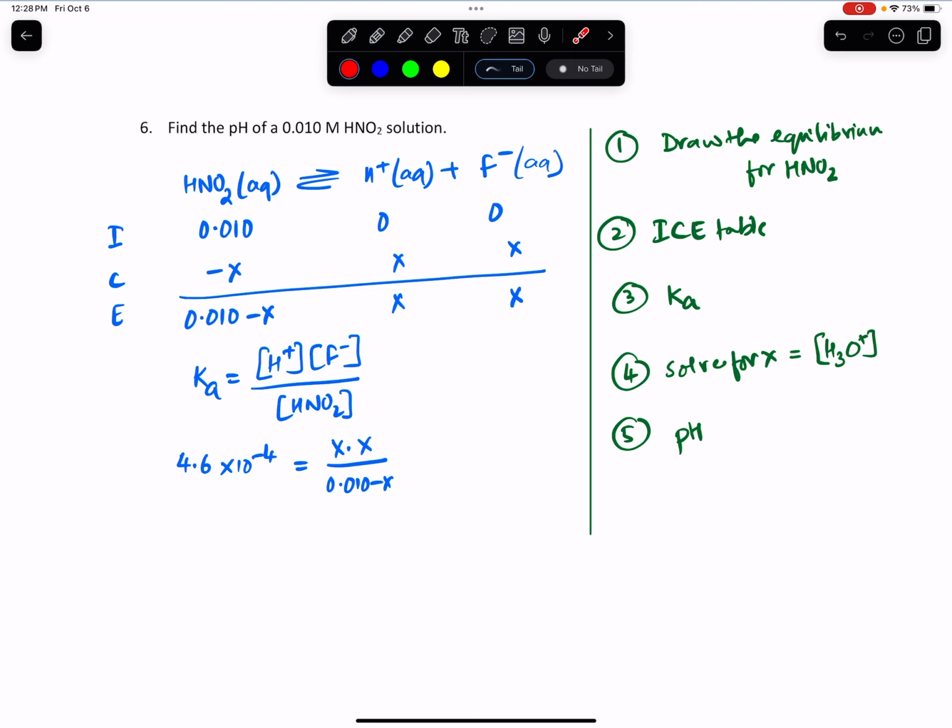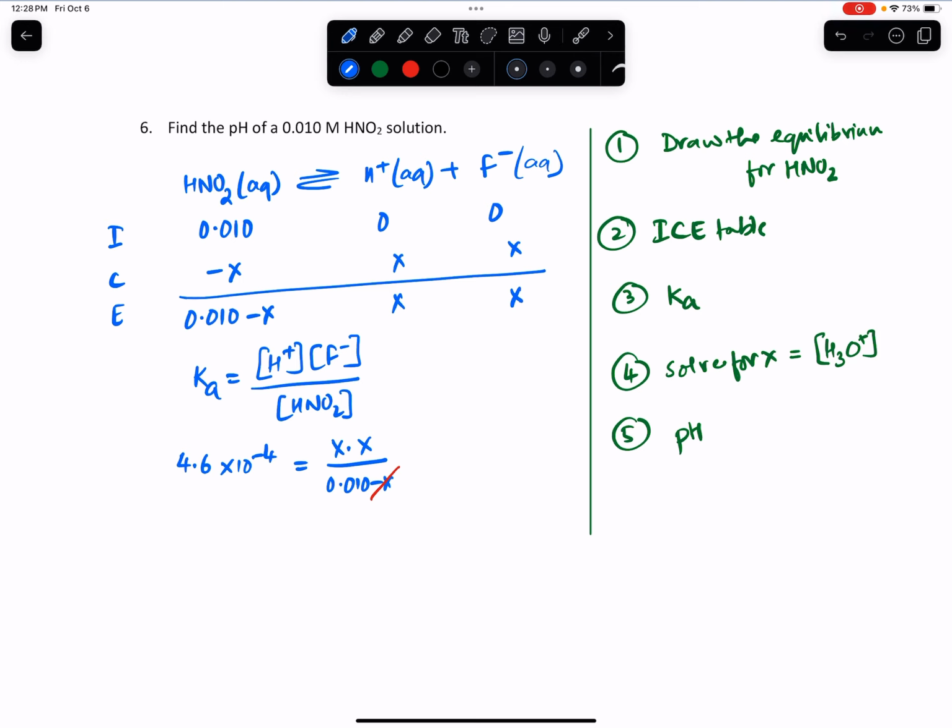So let's make the assumption that this little X is really, really small, much smaller than this term. Therefore, if you subtract this X from this, the bottom is essentially equal to just this by itself. If you make that assumption and scratch that X out, let's see where we get from there, and let's see if our assumption is valid.